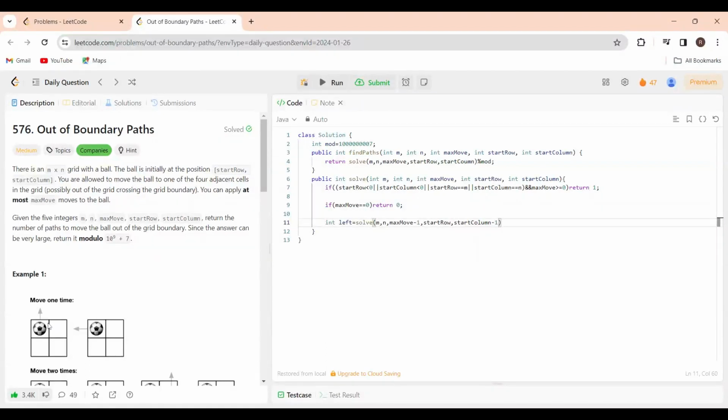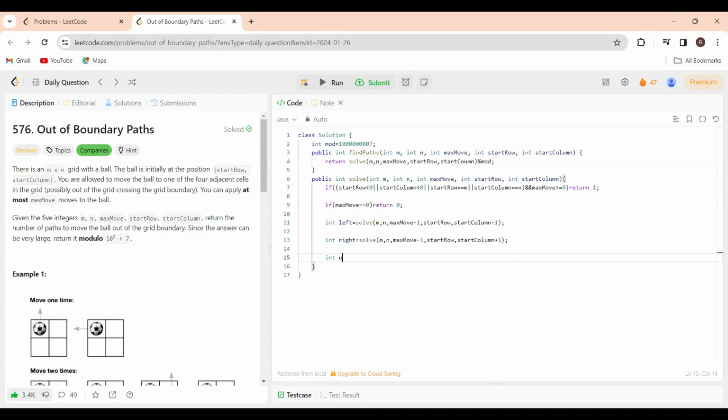As we are going left, our column index will decrease. And I can also go right. If I go right, max move will decrease by 1, the start row will be the same, and the start column index will increase. When I go right, the column index will increase.